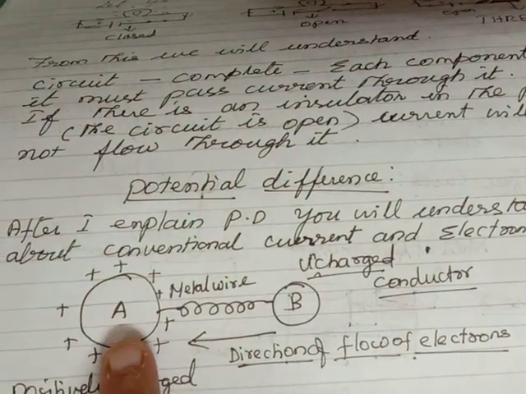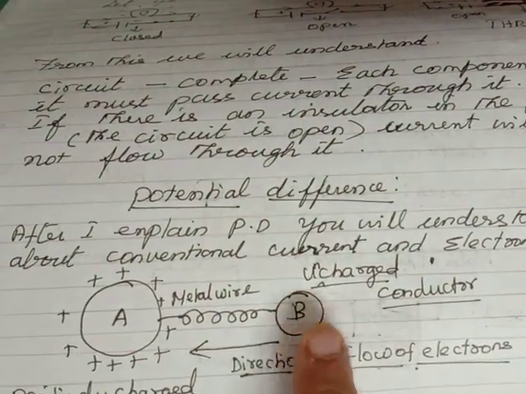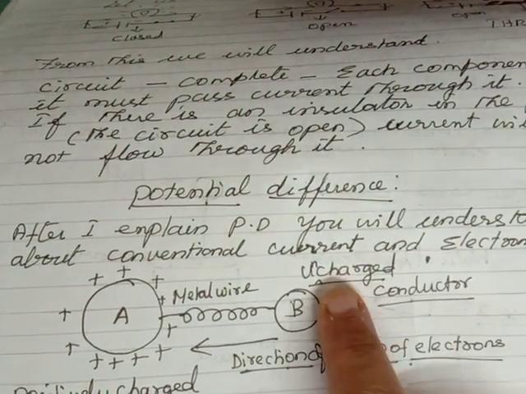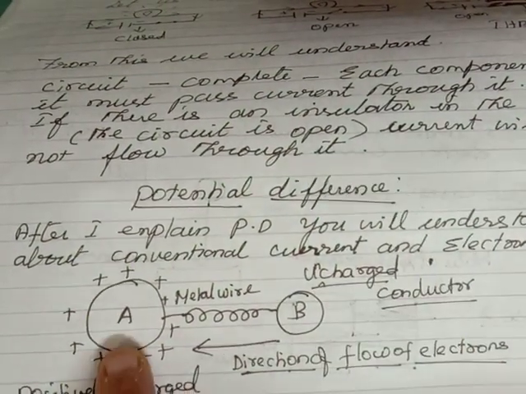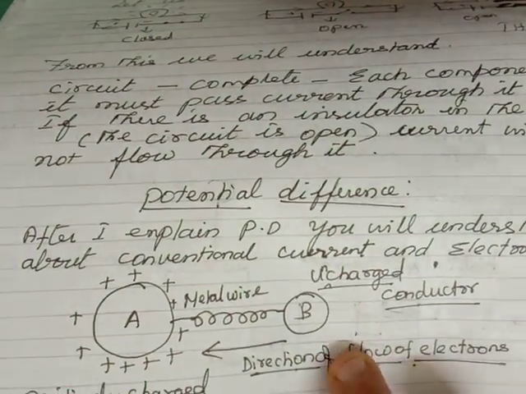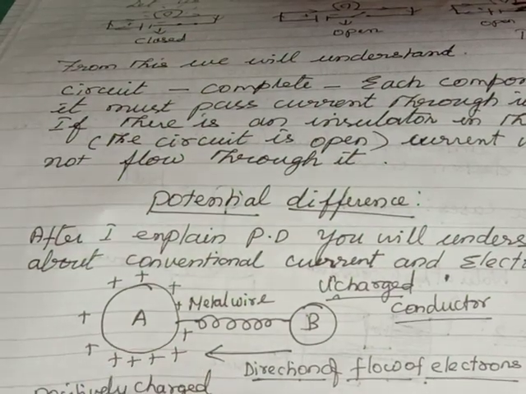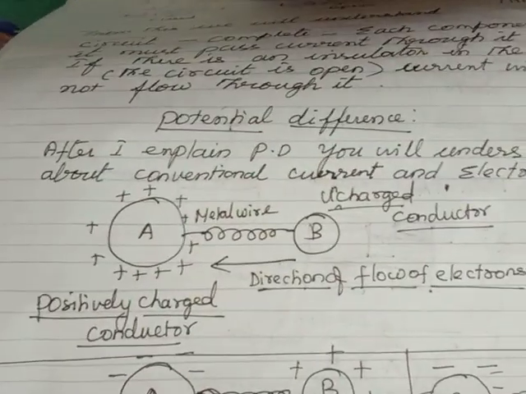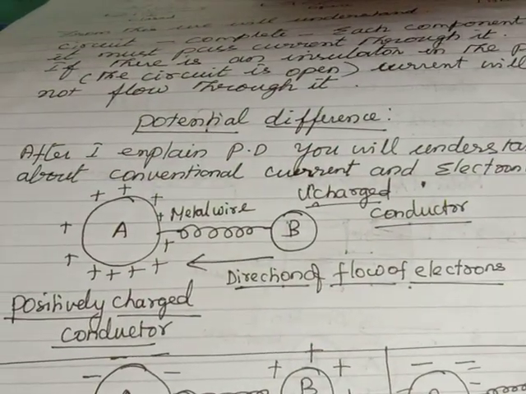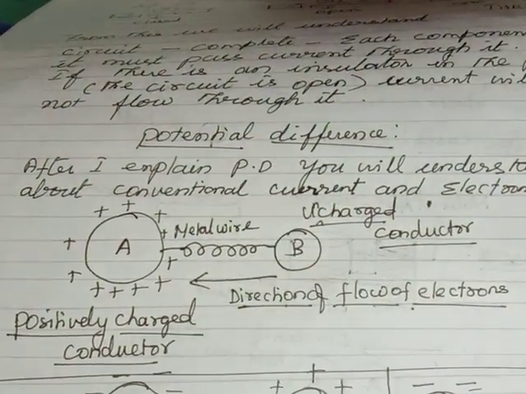Now I want you to see the diagram. There are two bodies, A and B. B is an uncharged conductor and A is a positively charged conductor. Before you tell the answer, I want you to understand. What do you mean by positively charged conductor? Yesterday we saw, whenever you say positively charged conductor, that means the number of electrons will be very less. And what do you mean by uncharged?